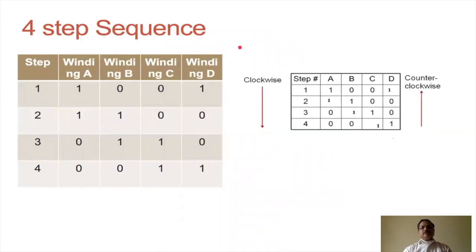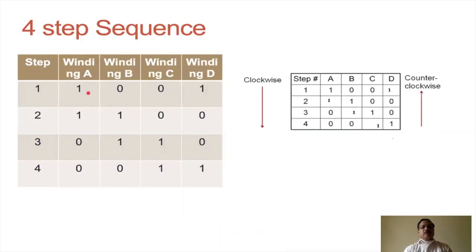Next, to rotate the motor in steps, you need to output the step sequence. You need to energize the windings, which are called bifilar windings. Here you can see the table for that step sequence.